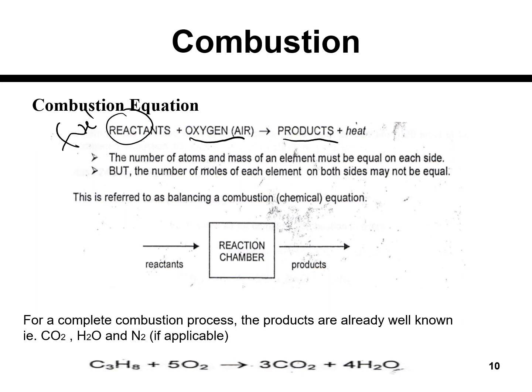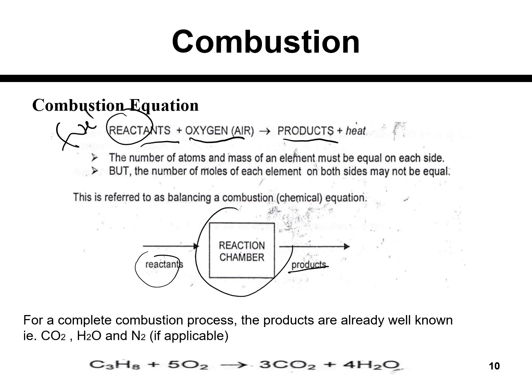The number of atoms and mass of the element must be equal on both sides, left and right. This left side is the reactant, and this on the right side is the product. But the number of moles for each element on both sides may not be equal. So this is referred to as balancing the combustion chemical equation, between the reactant and the product.